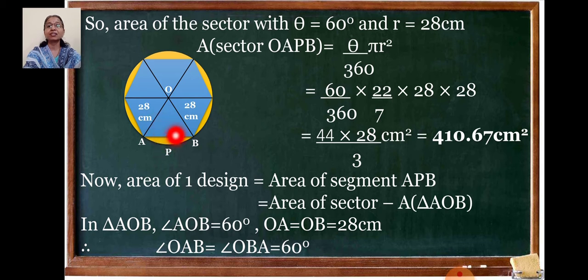So base angles are equal, so angle A is equal to angle B. You will get 60 degree each by the angle sum property of a triangle. So in this way, all three angles of this triangle OAB are 60 degree. Therefore, this is an equilateral triangle.